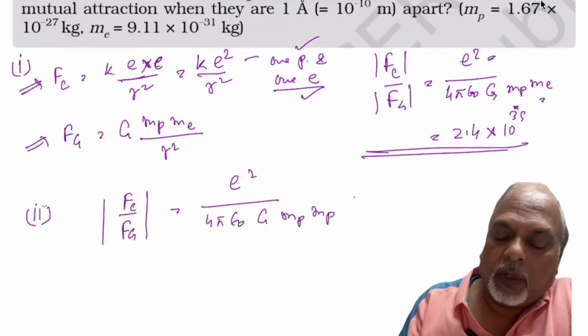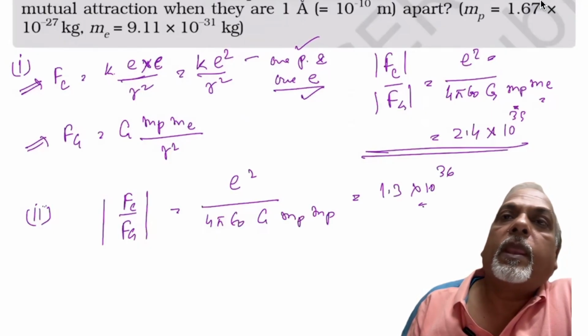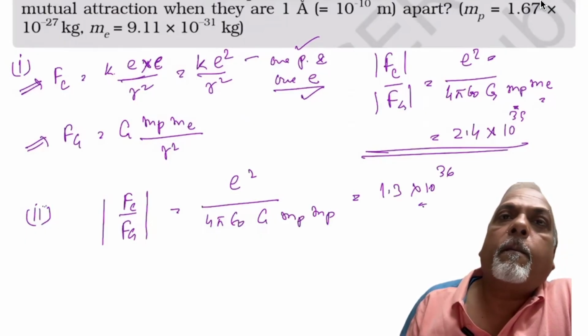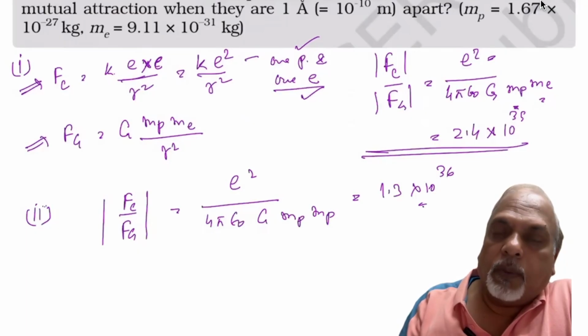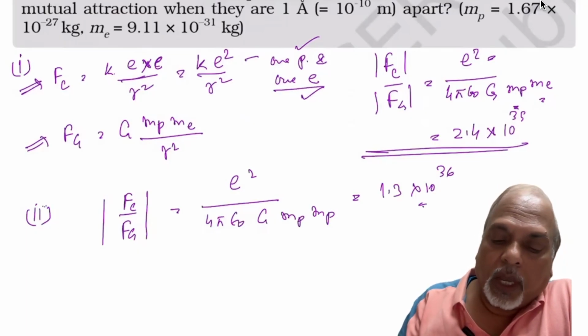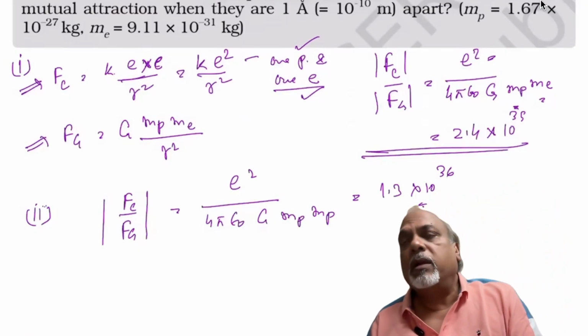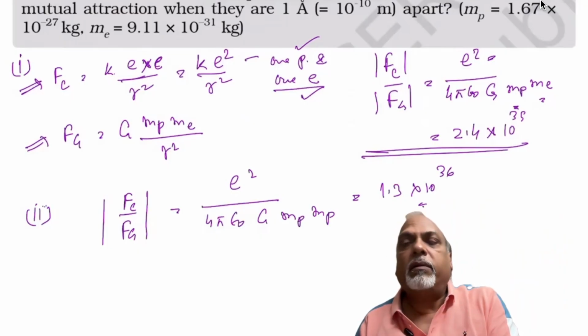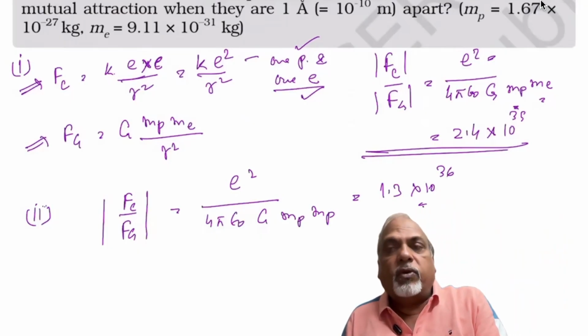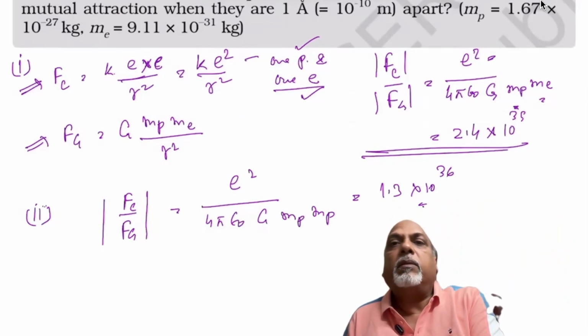And this will be 1.3 into 10 raised to 36, correct? So between two protons, this is the ratio of repulsion of electric forces between them and attractive forces between them, correct?